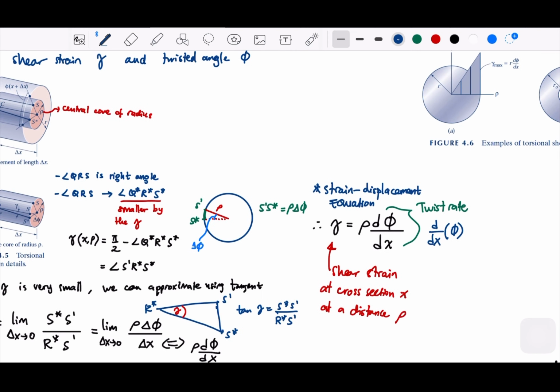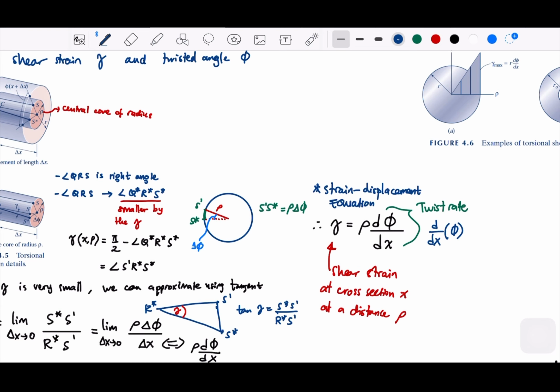Now, based on this formulation, the shear strain displacement equation, if we have a bulk rod, we can compare the distance from the inner core, a little bit outside, and until the outer side of the rod, and predict the distribution of the shear.